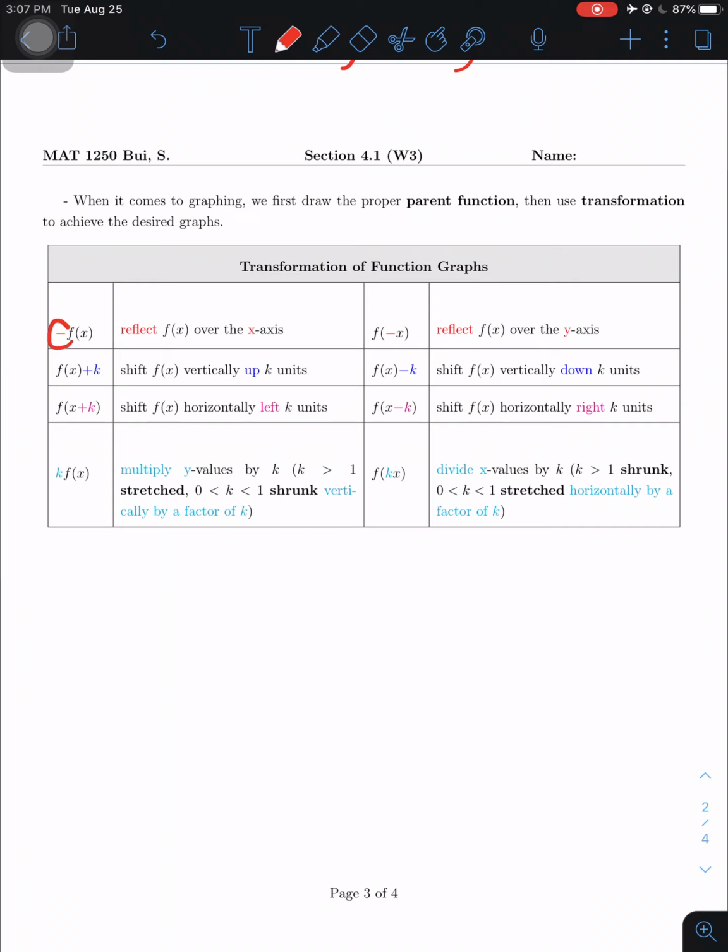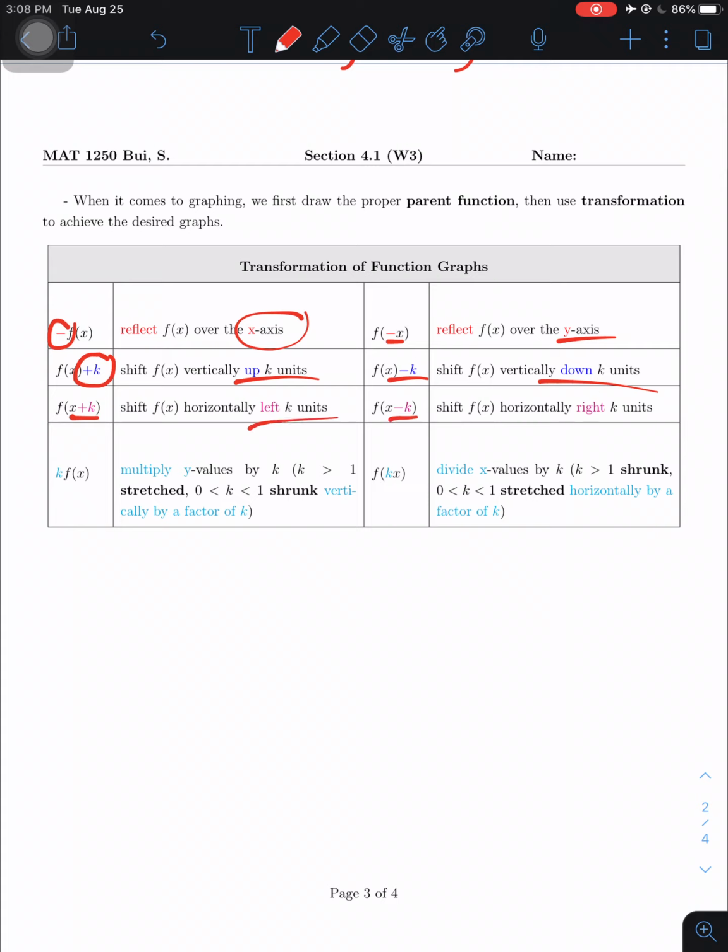But just remember one thing, let me just briefly talk about it. If you have a negative in front of it, it means you reflect the graph over the x-axis. If you have a negative inside, it means that you reflect the graph over the y-axis, okay? If you're adding a number on the outside of a function, it means you're moving the graph upward, and negative for downward, okay? If you're adding a number on the inside of the function, it means you move leftward.